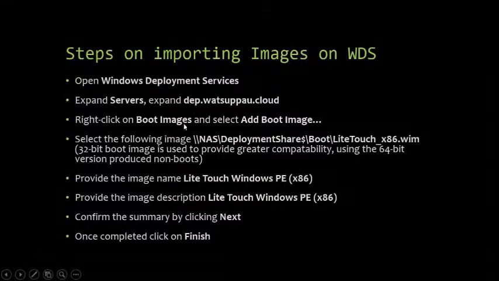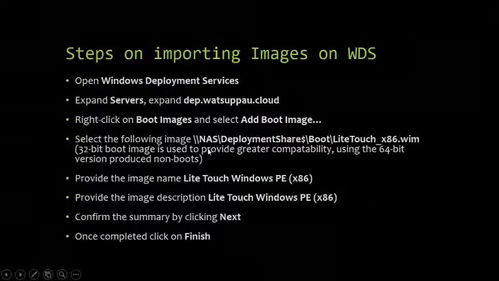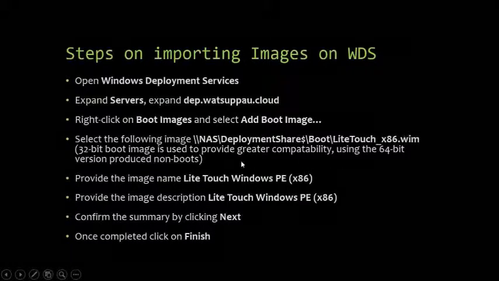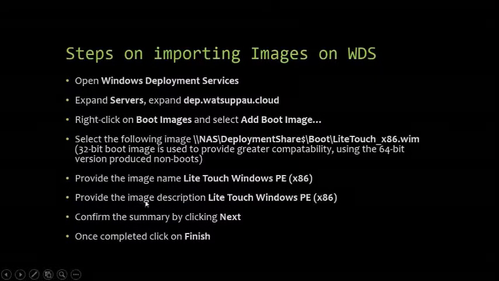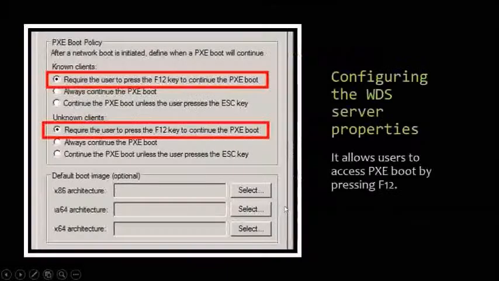Then right click on Boot Images, then select Add Boot Image, and select the following image which is stored in NAS, deployment share, boot, LiteTouch WinPE. Provide the image name LiteTouch WinPE, then description LiteTouch WinPE, confirm summary, and next, finish.